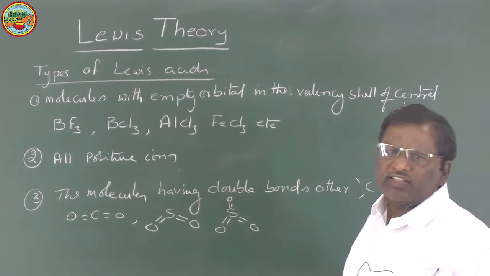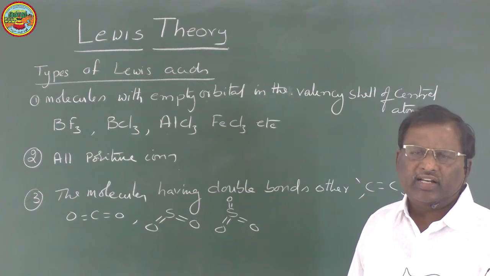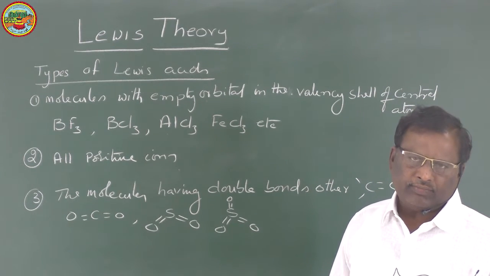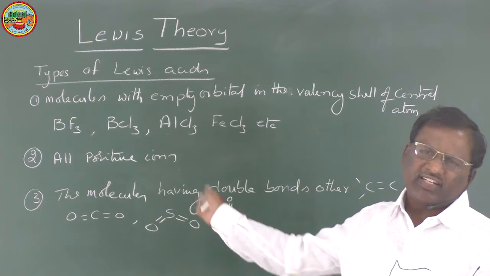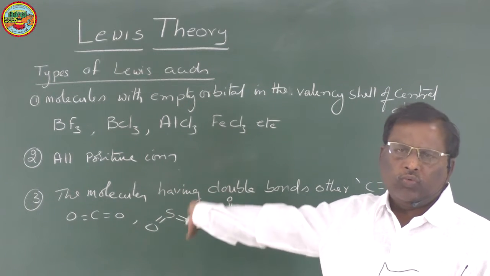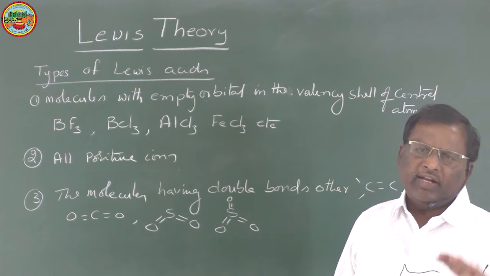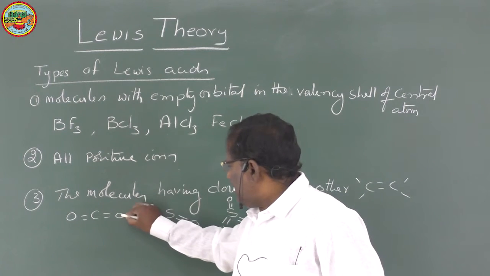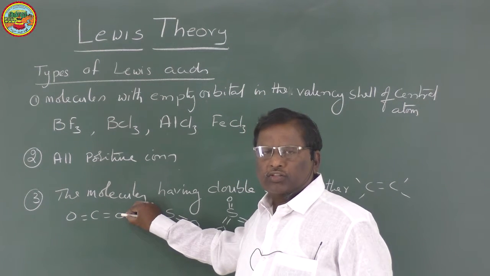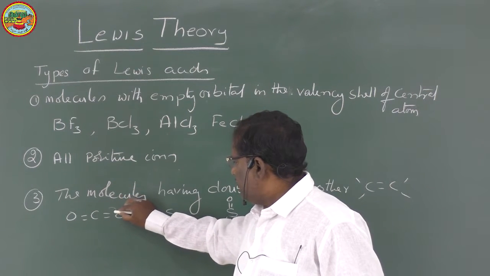So all these species are considered as Lewis acids, because by shifting of this double bond to one of the bonded species, one atom will contain the electrons. For example, as the electronegativity of oxygen is more than carbon, this bond will shift.